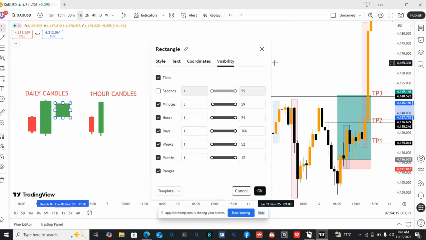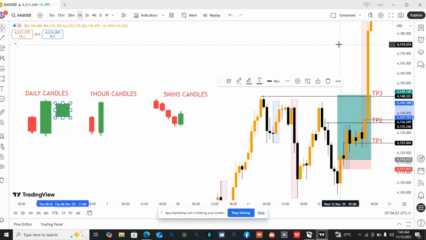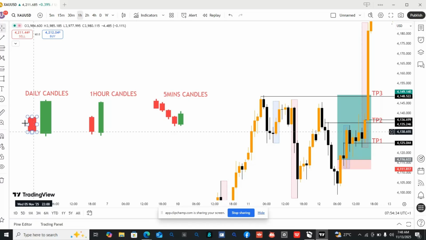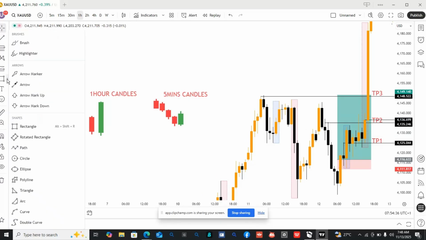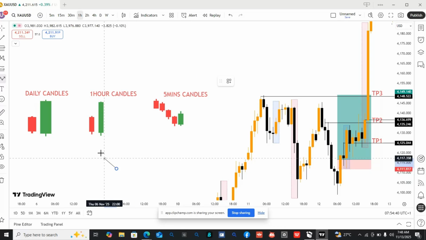Now, after that, the next thing I will do is move down to the 1 hour time frame. In the 1 hour time frame, I'm looking for the immediate trend. What I'm looking for is a bullish engulfing candle. You can see the previous 1 hour candle closed bearish and the current 1 hour candlestick closed bullish.